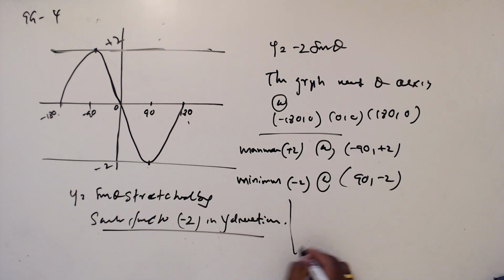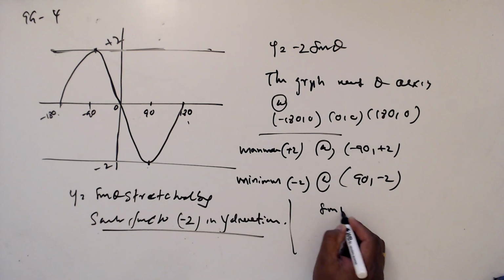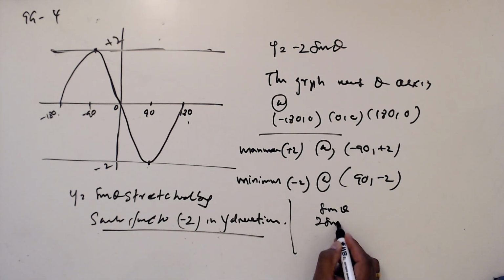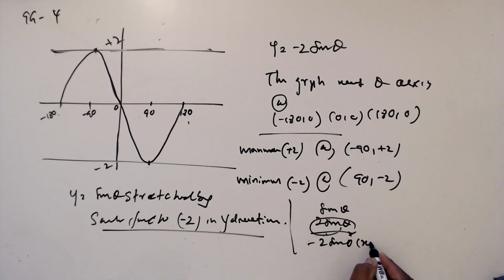Basically, you are doing sine theta, then 2 sine theta, and then the reflection along the x-axis. Reflection on x-axis.